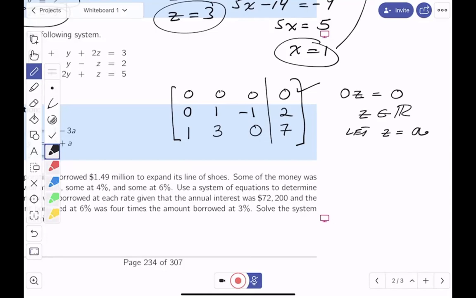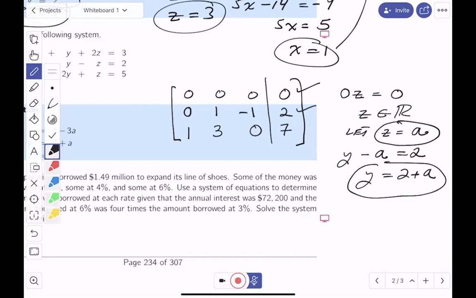All right? Let's go to the second line. What's the second line say? Y minus a, because I believe z is a, is equal to 2. What's y? 2 plus a. Again, I got this. Let's do this. This is our third row. What does it say? X plus 3y.